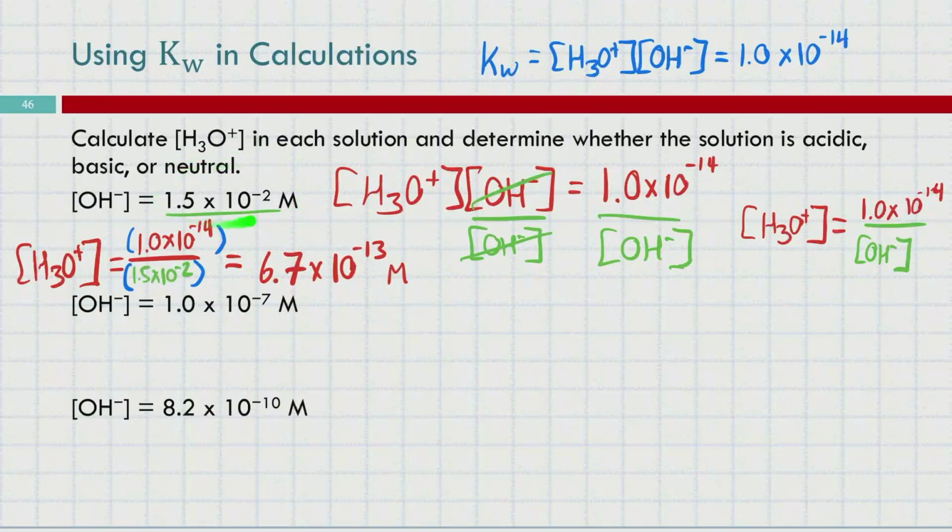Which of these two numbers is bigger, 1.5 times 10 to the minus 2, or 6.7 times 10 to the minus 13? The 10 to the minus 2 one is bigger by a long shot. Since that's the bigger number and that's our base, this is a basic solution. Basic solution meaning more base than acid.